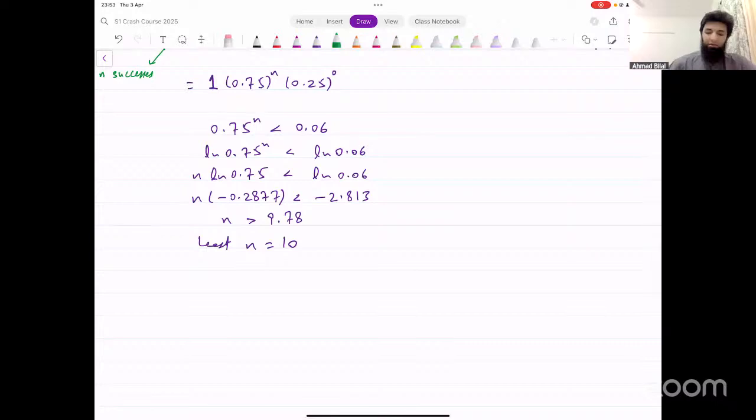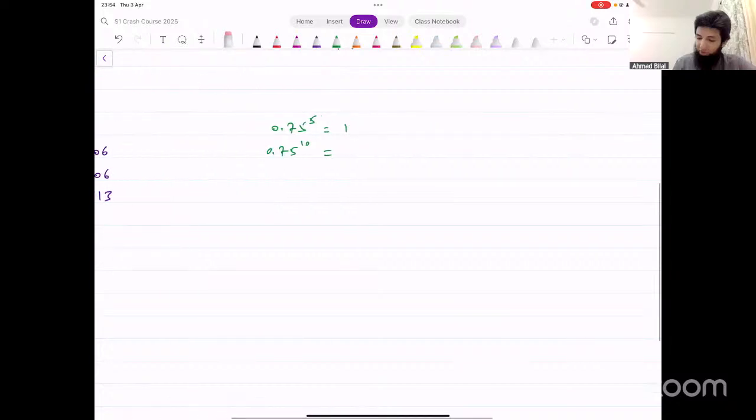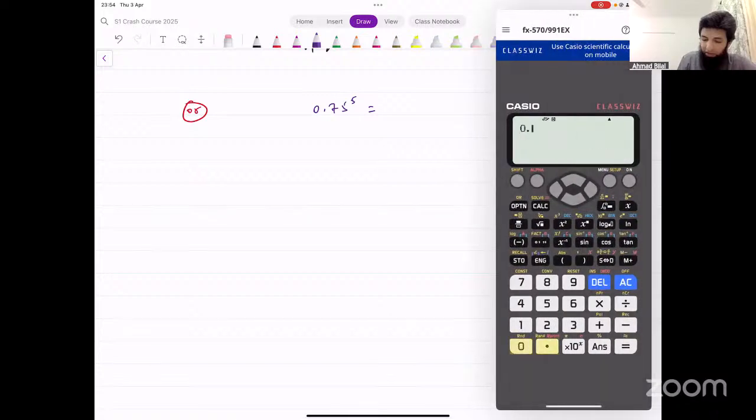Using hit and trial again, you can just try some numbers. If you had to do it using hit and trial, how would you go about doing it? You would say, okay, let's try some power. Let's try 5 first. 0.75 raised to power 5 turns out to be 0.237.